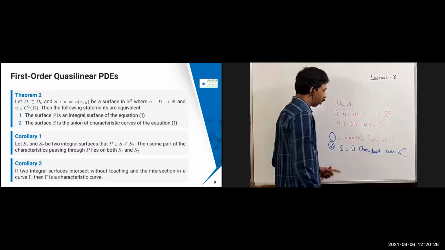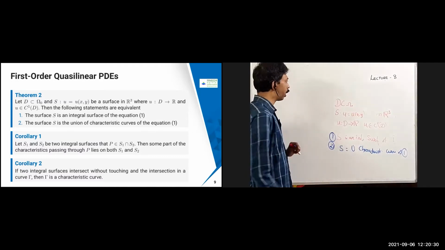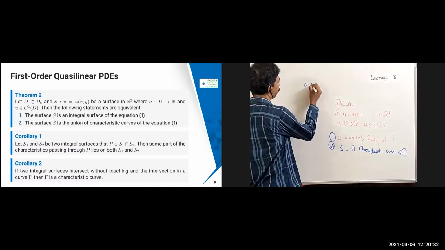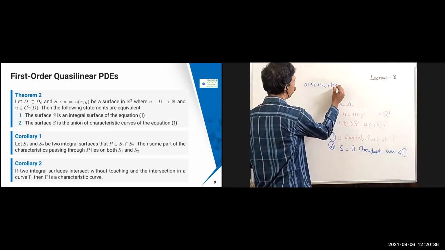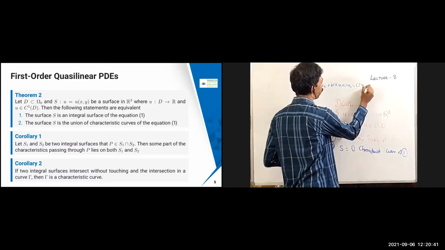So S equals the union of characteristic curves of equation 1. What is equation 1? Equation 1 is a of x comma y comma u into ux plus b of x comma y comma u into uy equal to c of x comma y comma u. This is equation number 4.